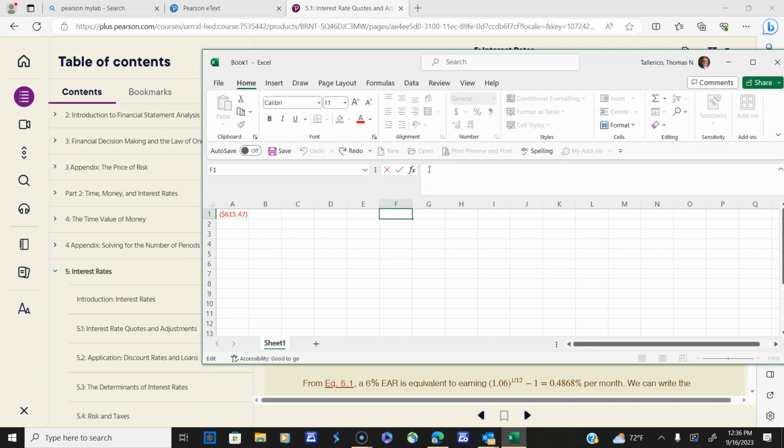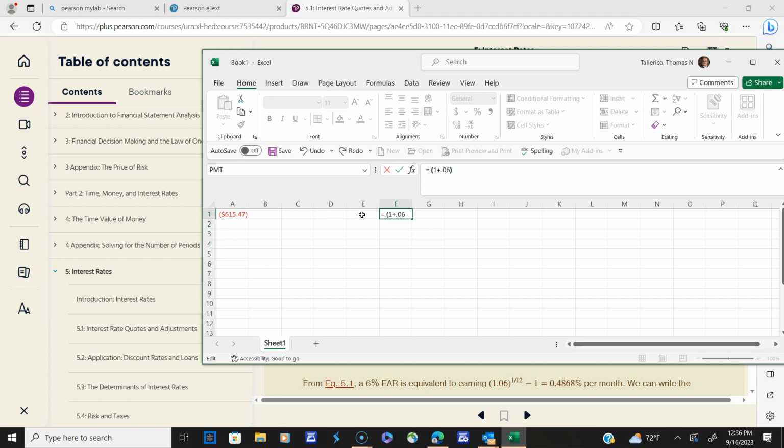Remember how you do an equation: equals, 1 plus... Let me put a parenthesis. 1 plus, now I'm going to put the rate, 0.06, all right?